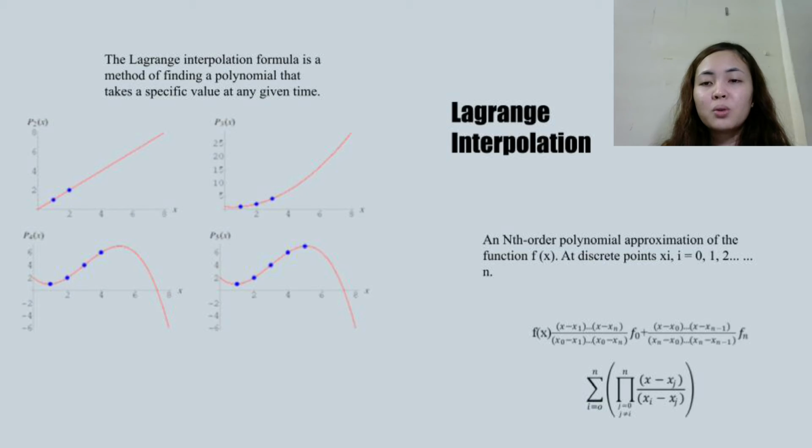Well, an easy way to derive it is from the Newton difference quotient. So if f(x) is approximated by an n-degree polynomial, then the n-th difference quotient and the n plus 1 difference quotient of the f(x) constant are 0.